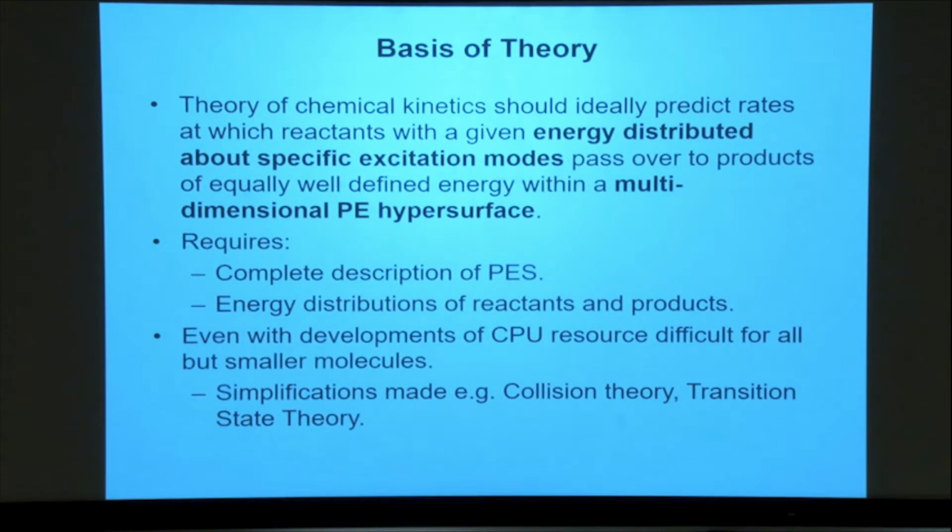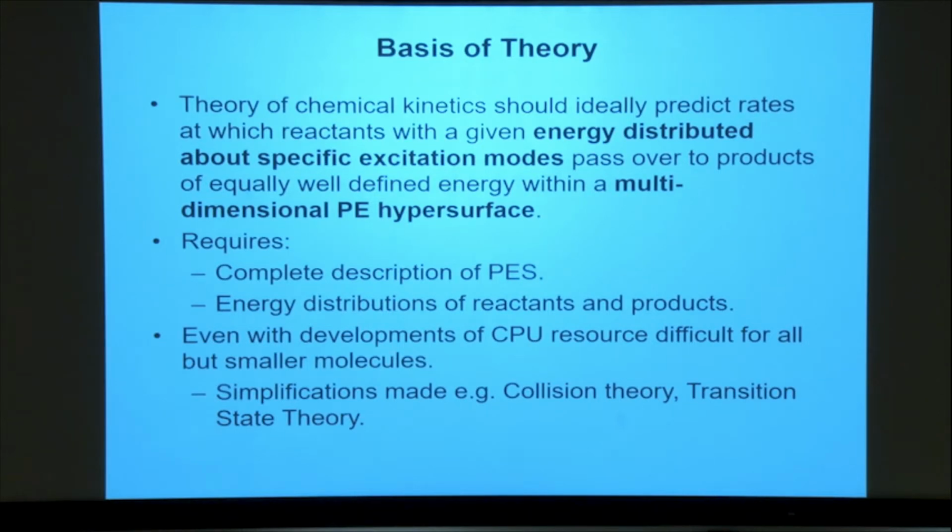So the theory of chemical kinetics, we're ideally trying to predict rates at which reactants with a given energy distribution pass over to products. Okay, so this kind of idea, well, at least for some systems, of the transition state that we looked at yesterday. Unfortunately for those of us who find it difficult, we do need a highly accurate description of the potential energy surface to be able to calculate rate constants.